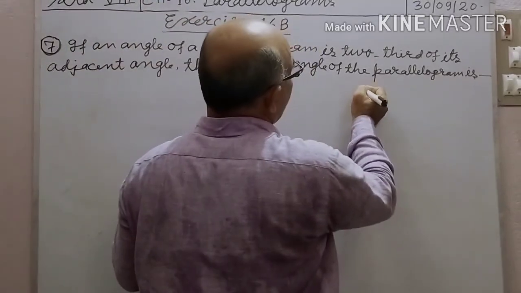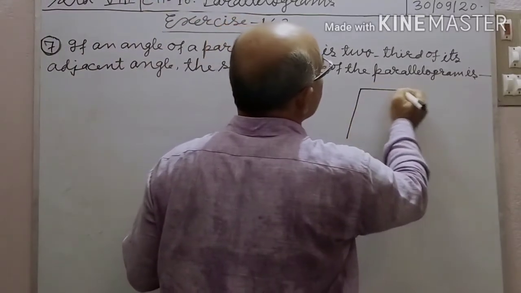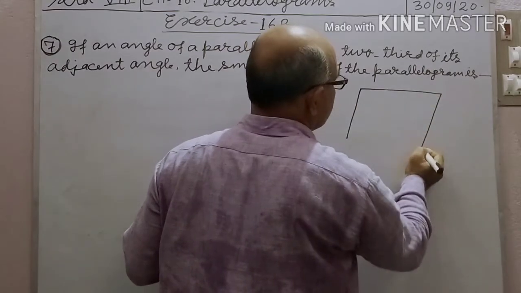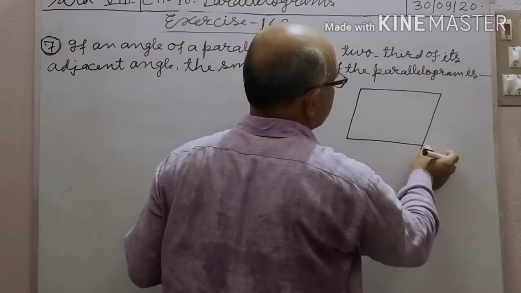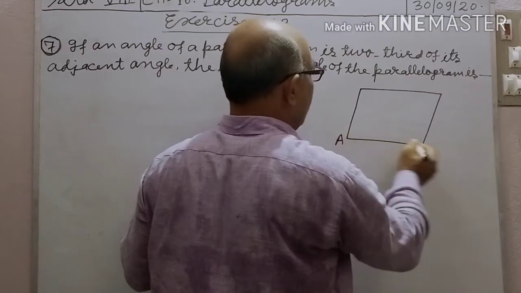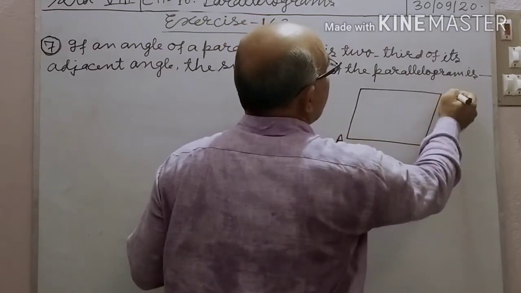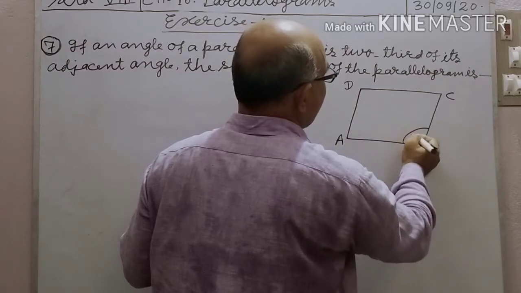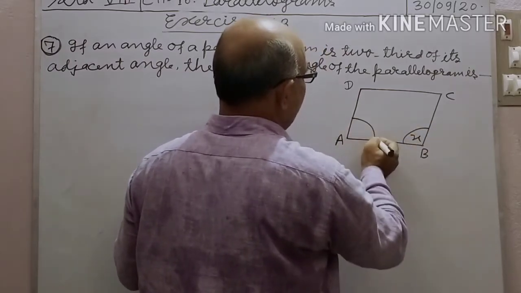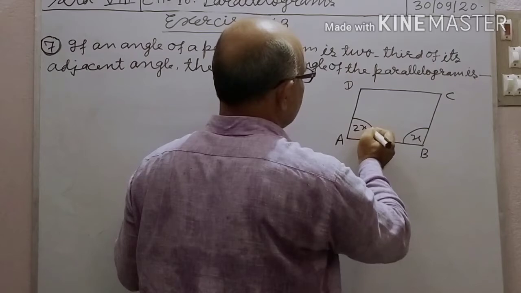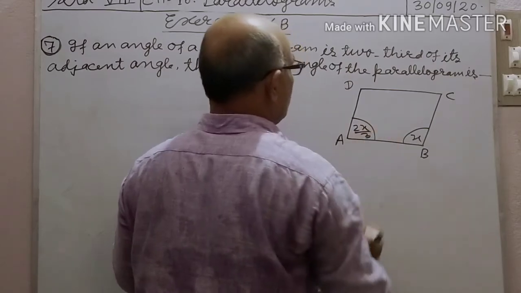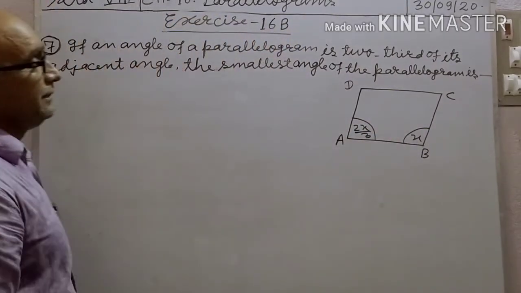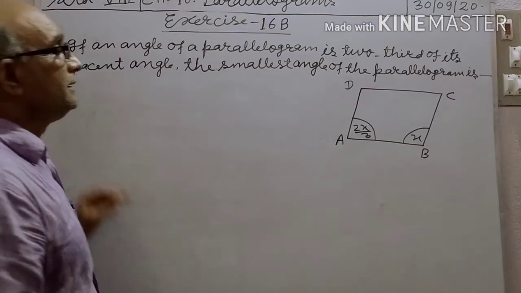So draw the figure of a parallelogram ABCD. One angle is, suppose, x and the other angle is 2/3, so 2x by 3.